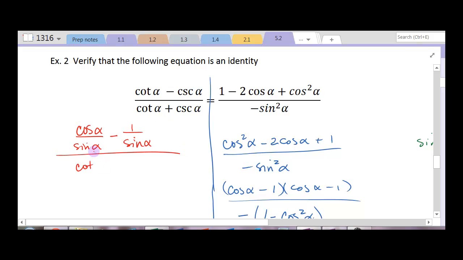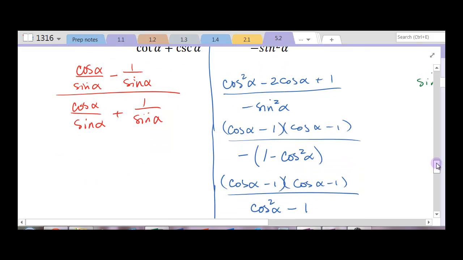Again, cosine over sine plus 1 over sine. Now we know from combining fractions that I can rewrite the numerator and then again the denominator as a single fraction up here. So this looks like cosine alpha minus 1 all over sine divided by cosine alpha plus 1 over sine.